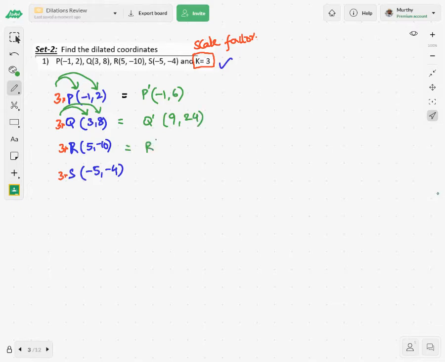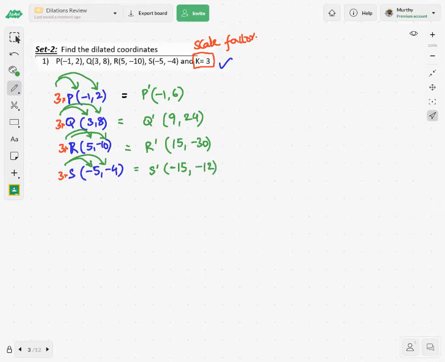Next coming to R prime, 3 times 5, 15, and 3 times negative 10, it's negative 30. S prime, 3 times negative 5, 3 5s are 15, so it's negative 15. 3 times negative 4, 3 4s are 12, so it's going to be negative 12.